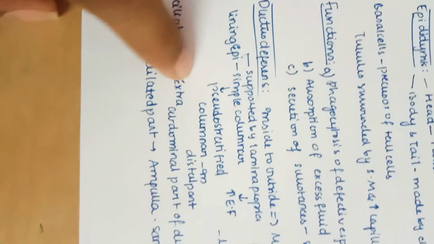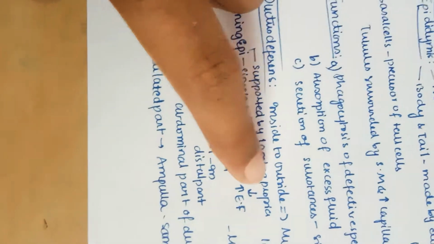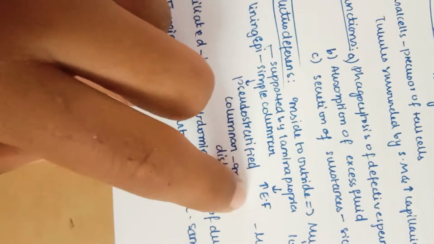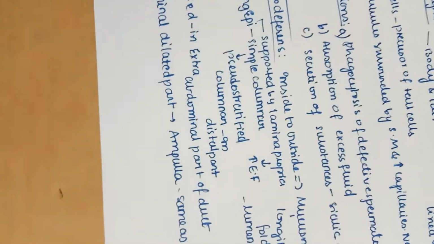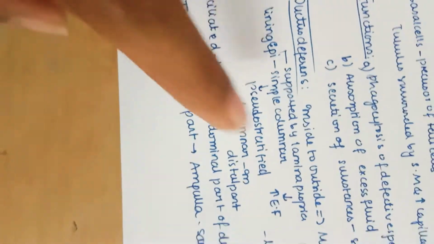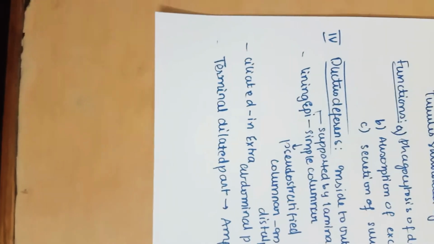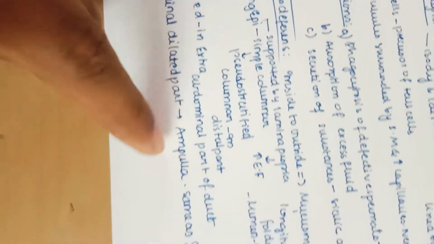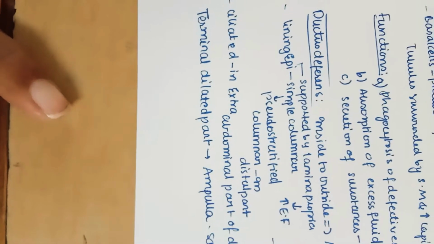The lining epithelium is supported by lamina propria, which has a large amount of elastic fibers. The lining epithelium is simple columnar, that is pseudostratified columnar mainly in the distal part. It is ciliated in the extra-abdominal part of the duct, and the terminal dilated part is the ampulla, which is the same as the seminal vesicle.